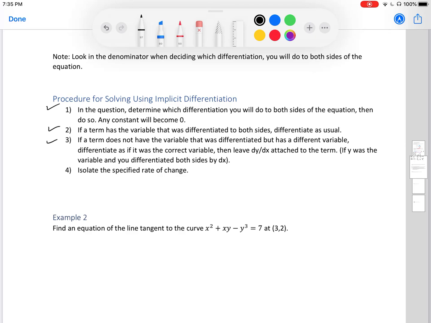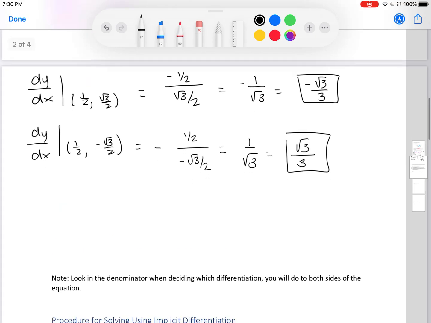Third, if a term does not have the variable being differentiated but has a different variable, differentiate as if it was the correct variable, then leave a dy/dx attached to the term. Fourth, isolate the specified rate of change.